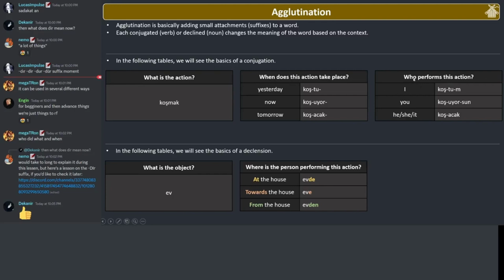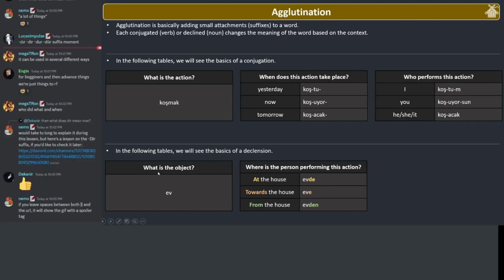Once you got this done, move on to object. Where is this happening? Or you are doing something, but towards where? You are doing it towards the house, or at the house, or from the house. You need to have the object.